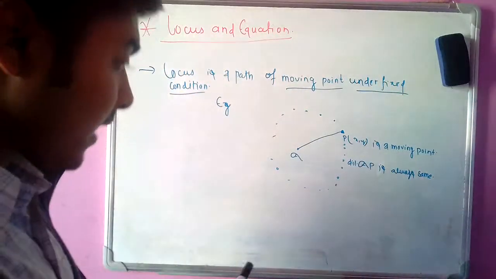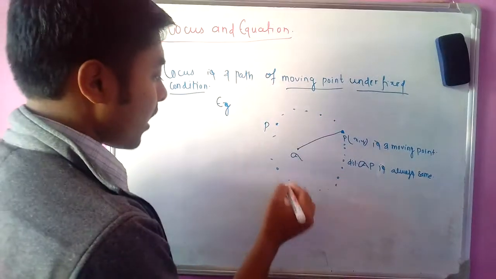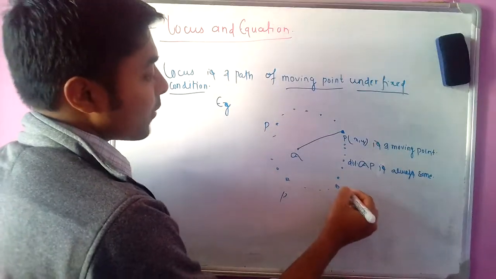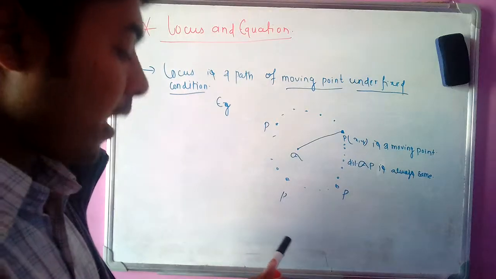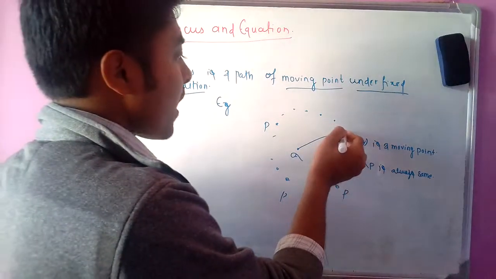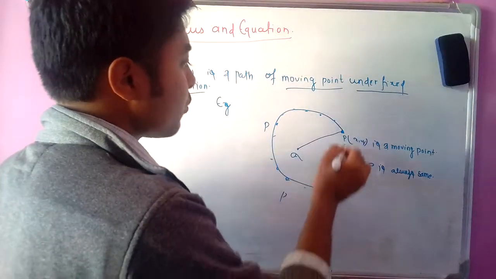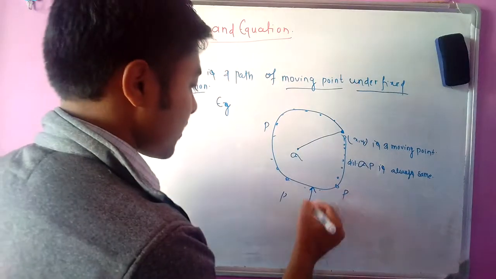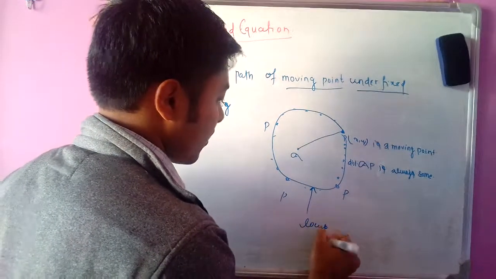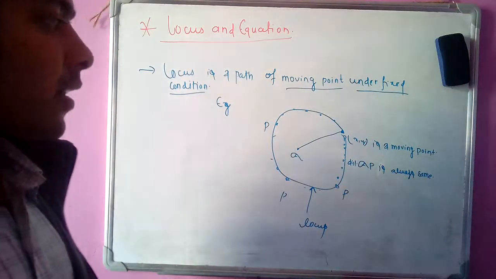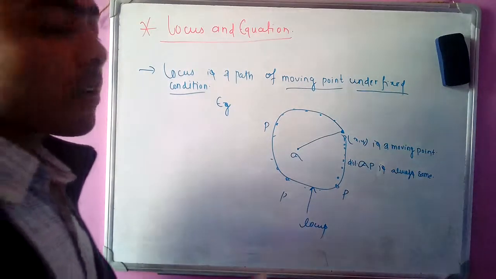It is not going to change whether P is here, here, or anywhere on the path. And the path formed by this moving point is known as the locus. This is the definition of locus, and simply we understand what the locus is.